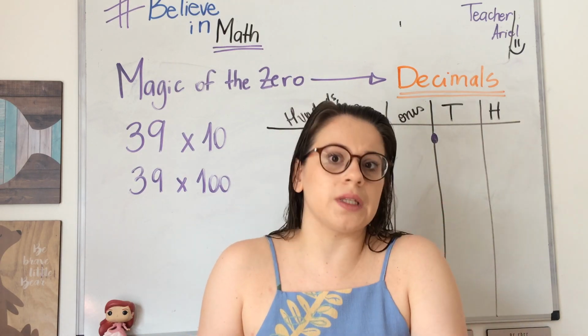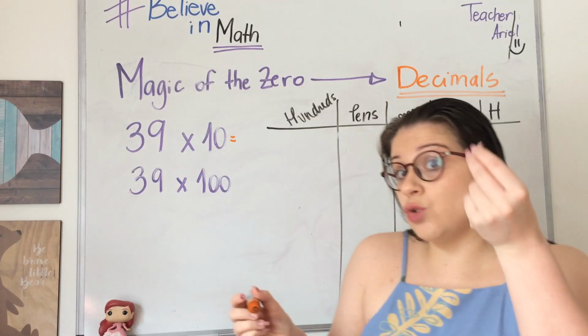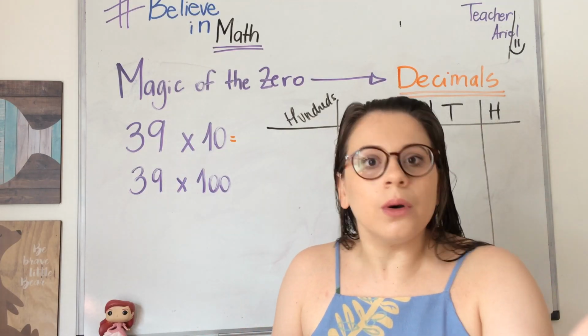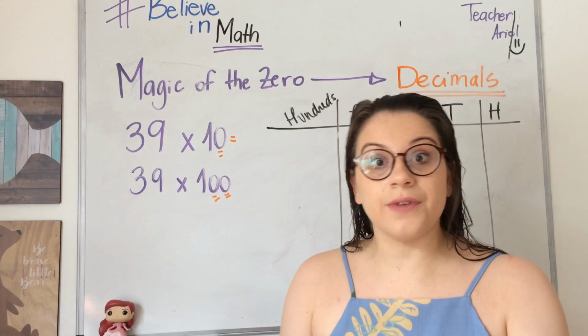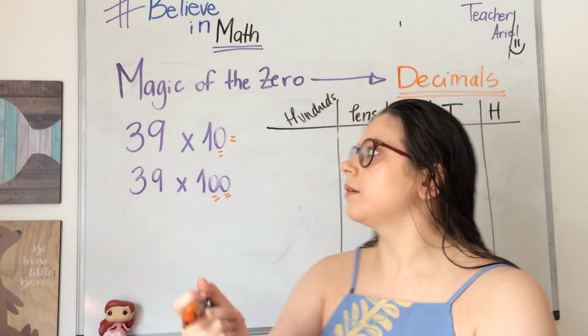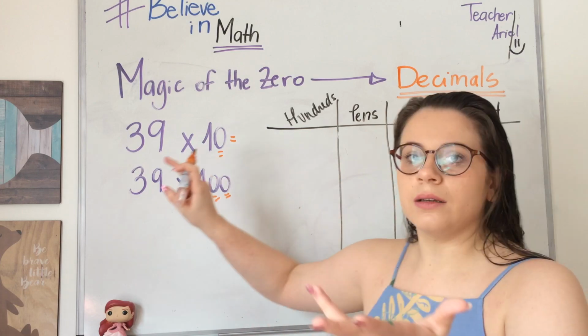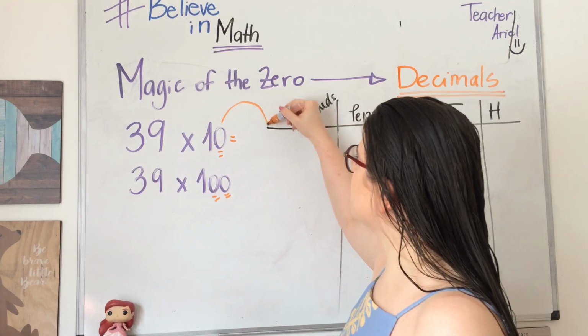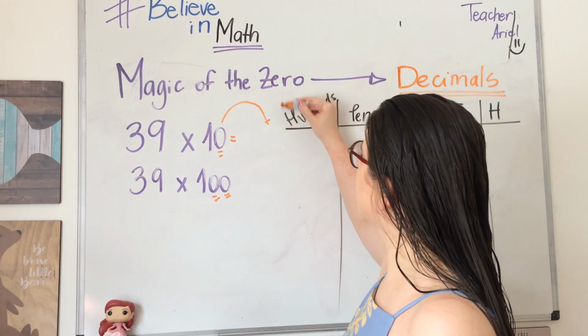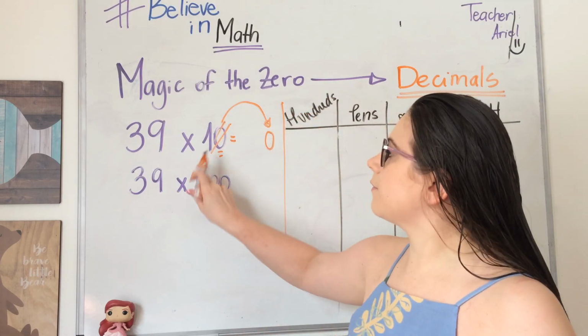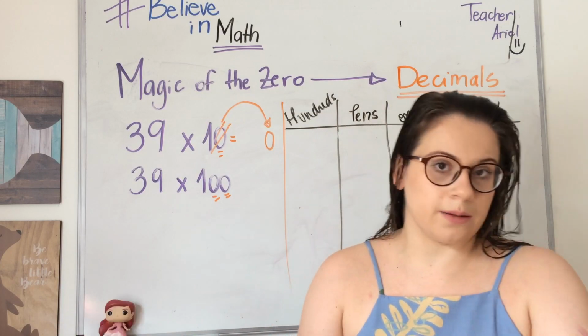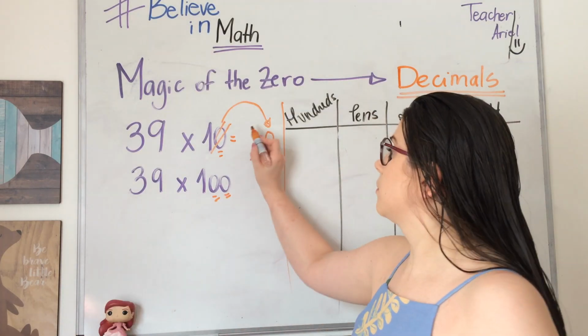The magic of the zero is a strategy, a trick that you can use to multiply in an easier way when you have zeros at the end of your factors. So the moment that I see a zero, I simply throw the zero, and then I only have to deal with times 1, and times 1 is always itself.